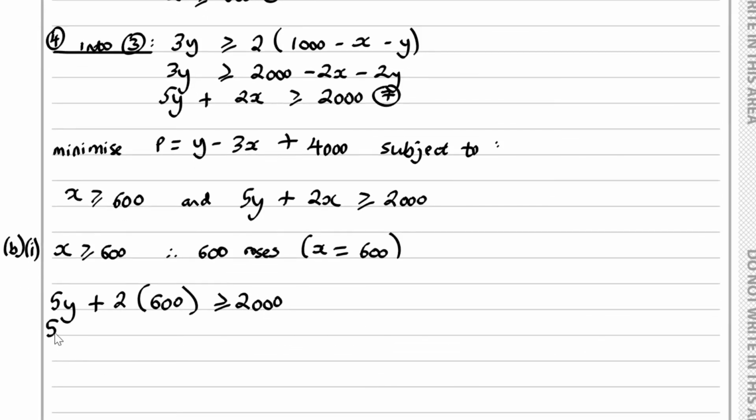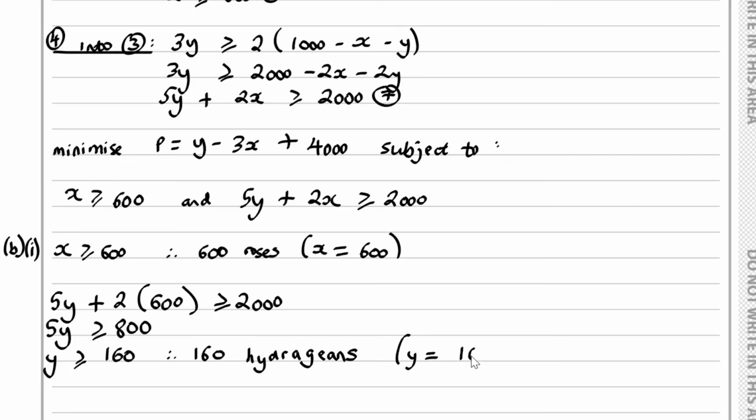So we have 5y being greater or equal to 2000 minus 1200, which is 800. So we see that y is greater or equal to 160. So therefore the minimum number of h would be 160. So y is equal to 160.